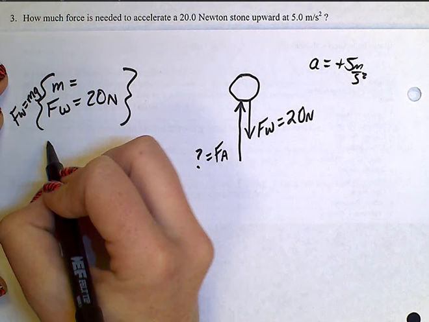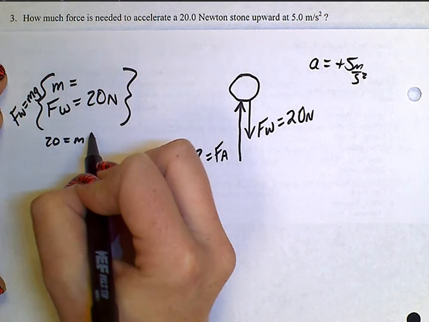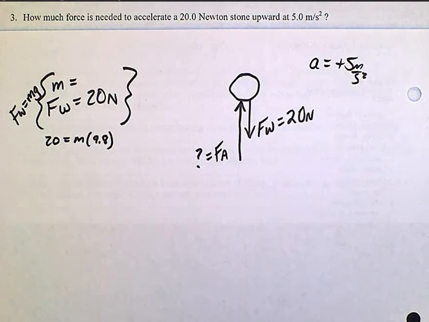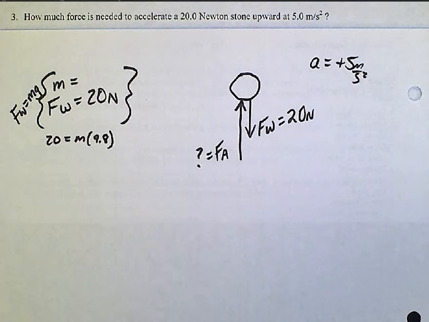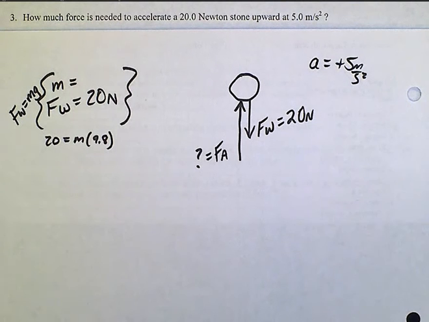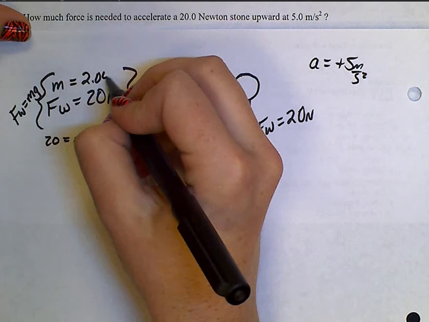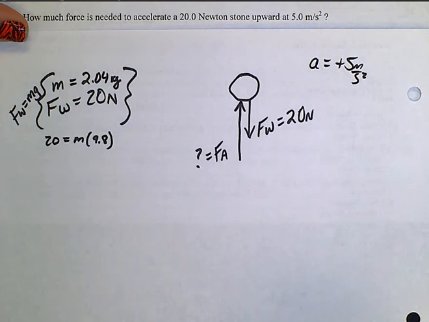So I would have 20 = m times 9.8 and divide, and I get 2.04 kilograms.